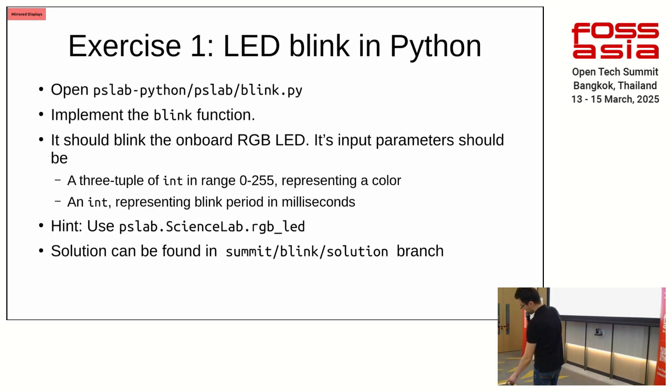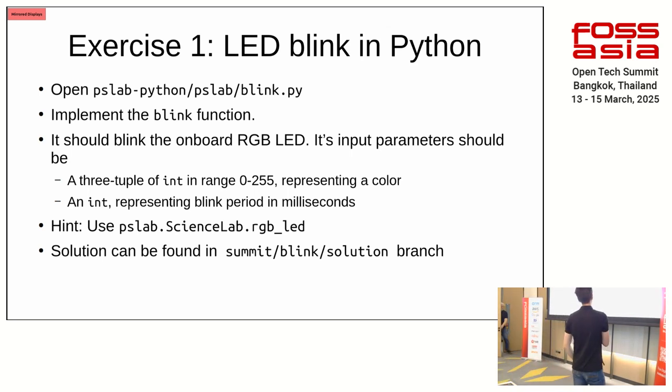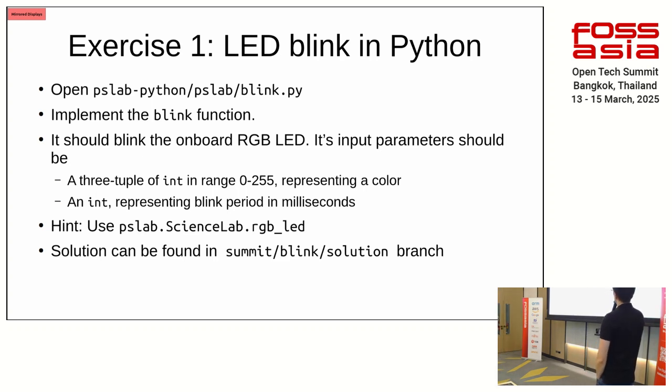That's basically it. So then we can move on to the first part of the exercise, which is to get the LED blinking in Python. Inside the repository, which you cloned previously, there is a file called blink.py, which contains the scaffolding code, which you will need to extend to make it blink.